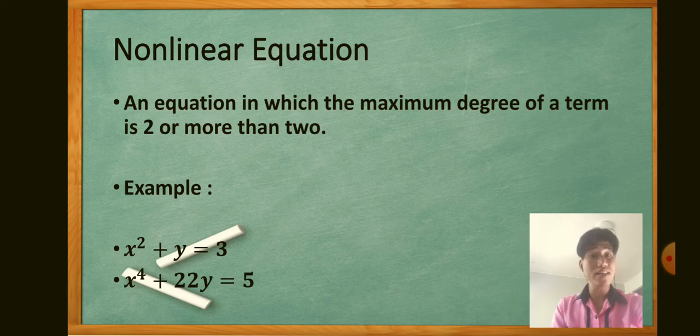As you can see, the degree of x is squared, so it is a nonlinear equation. The next is x^4 + 22y = 5. With x raised to the power of 4, it is a nonlinear equation because it's 2 or more.